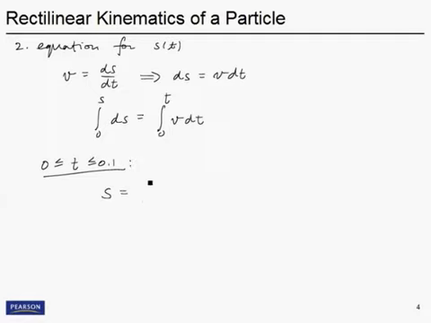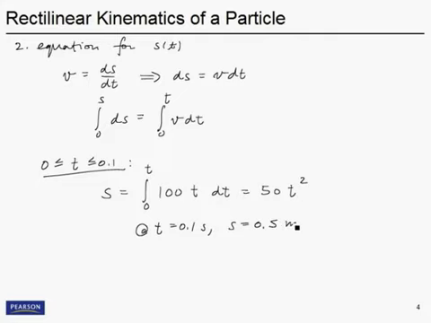S turns out to be an integral from 0 to t of 100t dt, which equals 50t squared. And we know from the problem statement that at t equals 0.1 seconds, s is equal to 0.5 meters. And indeed it is, if we plug in t equals 0.1 seconds. So that worked out okay for us.